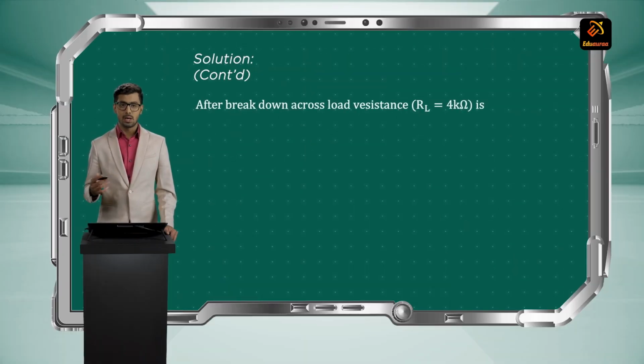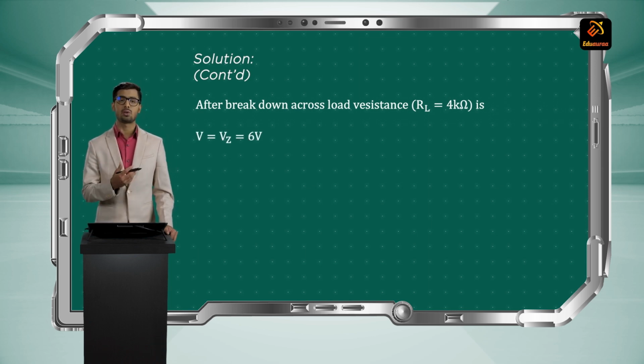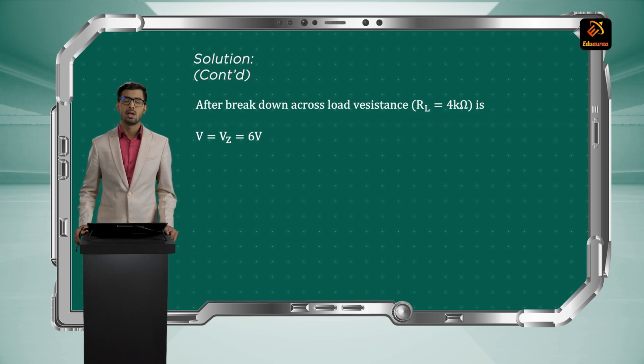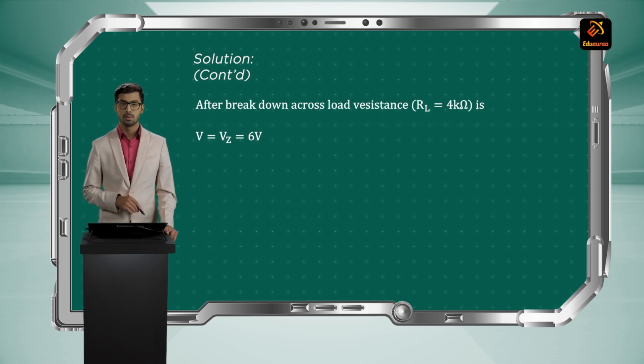Now, once breakdown happens in the Zener diode, the voltage across the load will always remain 6 volt, as the voltage across the Zener diode is 6 volt and voltage in parallel always remains the same. We know the value of the load resistor, which is 4 kilo ohm.